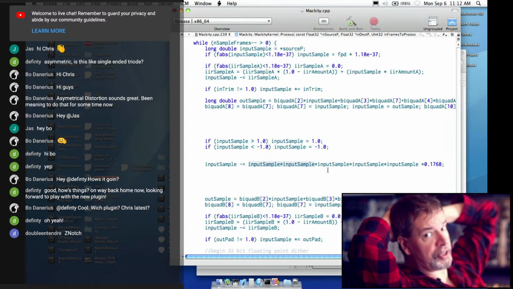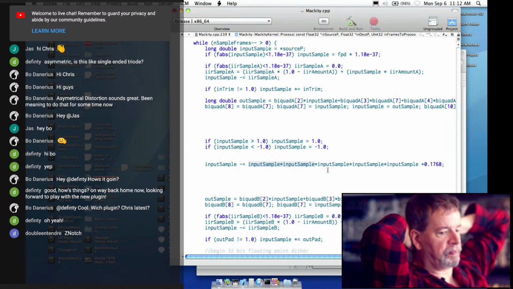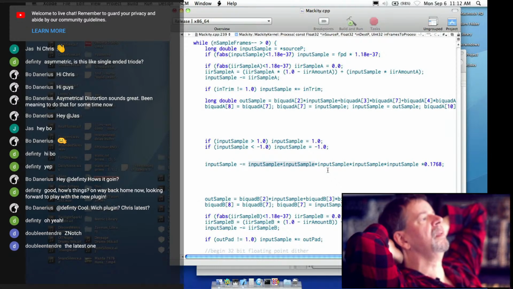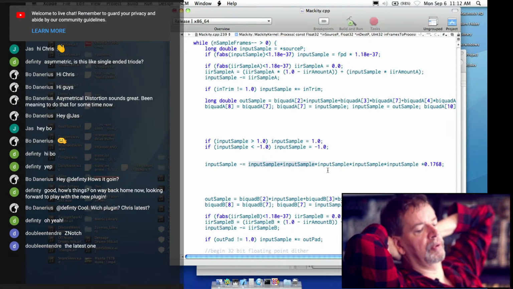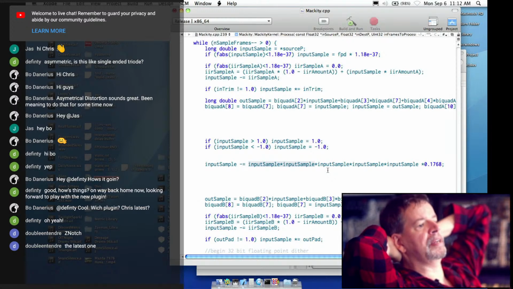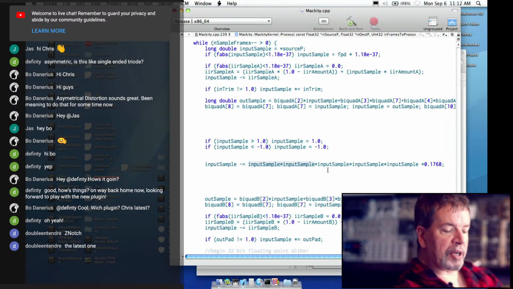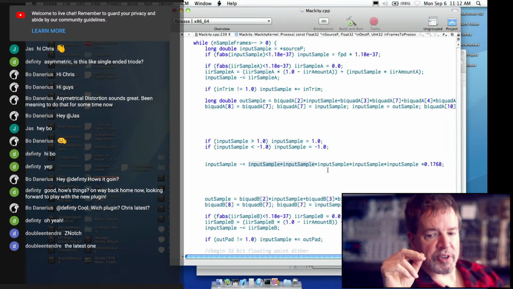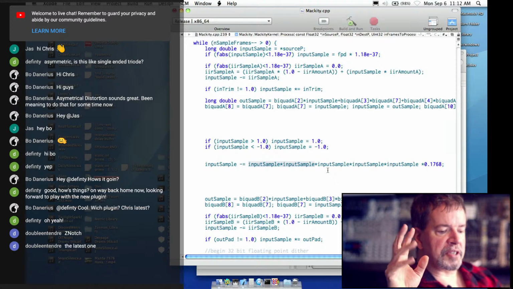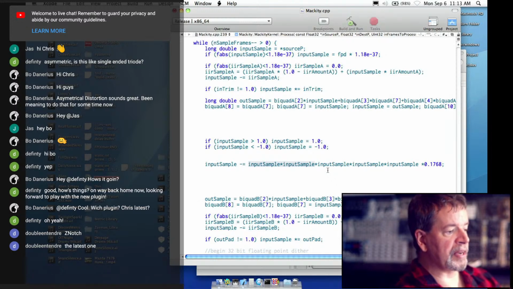Unfortunately, or fortunately, because this is what we're going to be building up to, if you're doing input sample minus input sample times input sample and it is negative 0.5, that becomes positive 0.25, because it's a negative number, and then you multiply by another negative number, and multiplying by the negative number flips the bit.